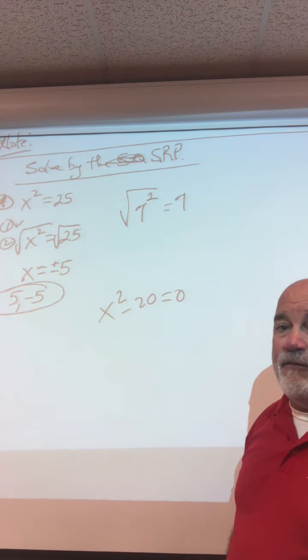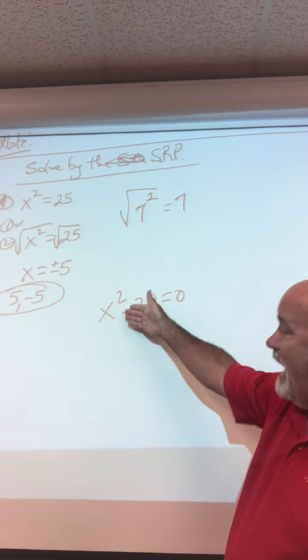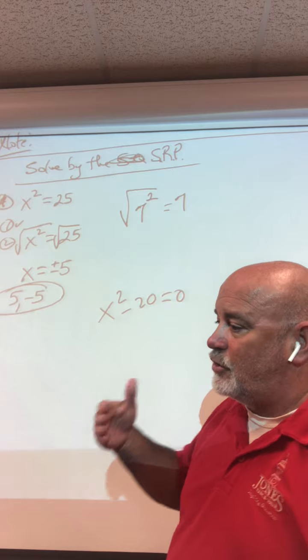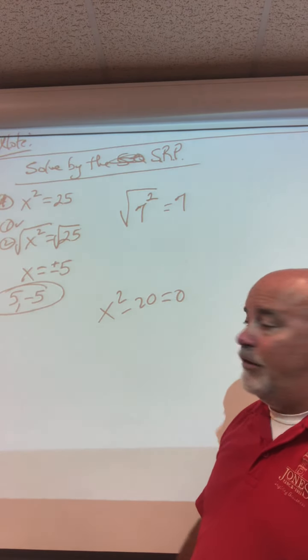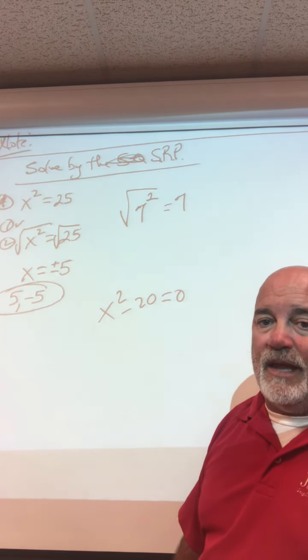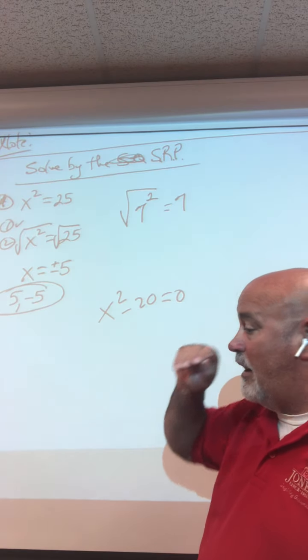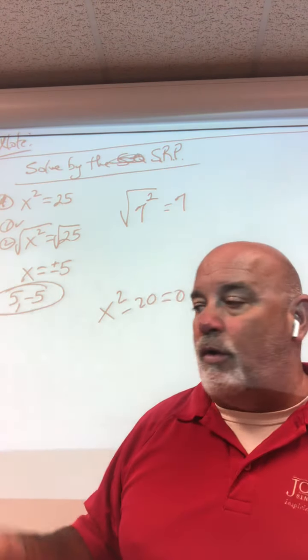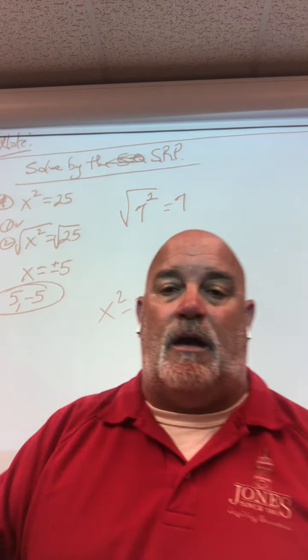So this one is non-factorable. So I would have to solve this one by the square root property if I'm going to do this. And this is the one you've already copied down. So this will take us to our next example that you've already copied, but we'll go over that in the next video.